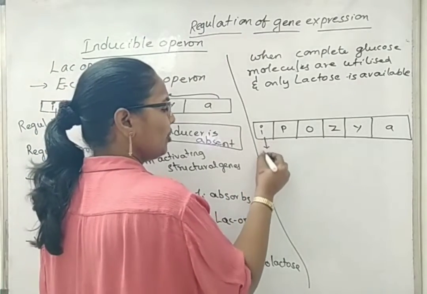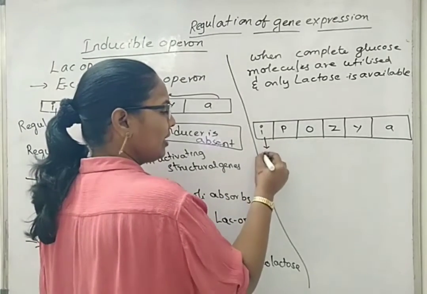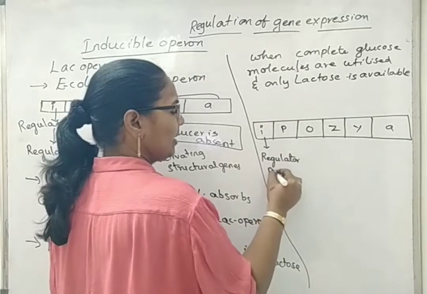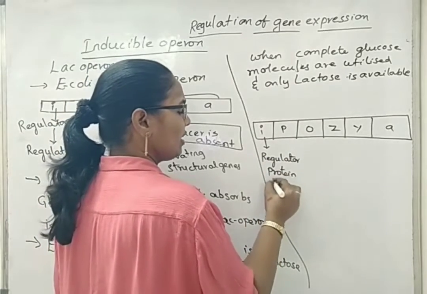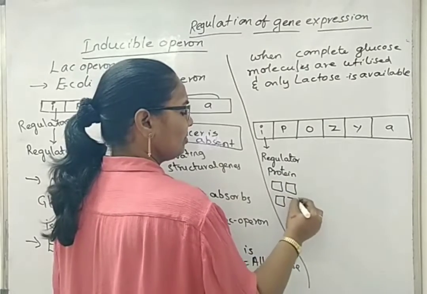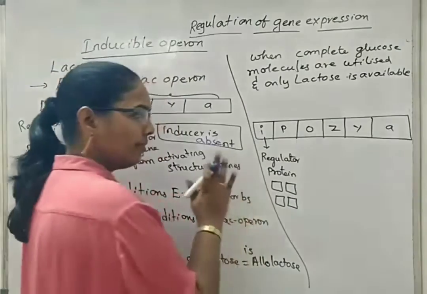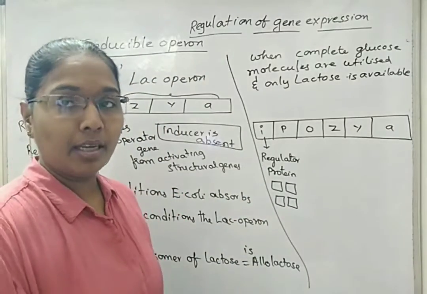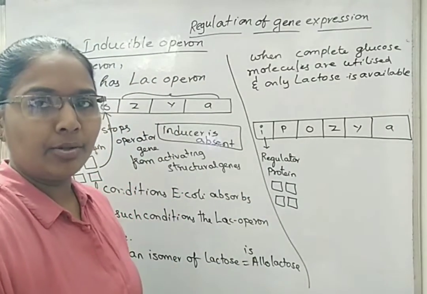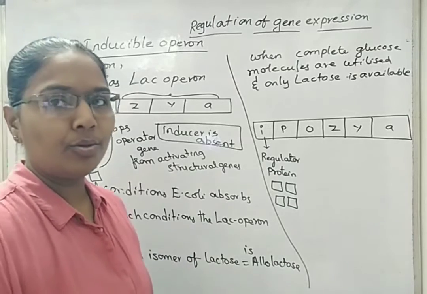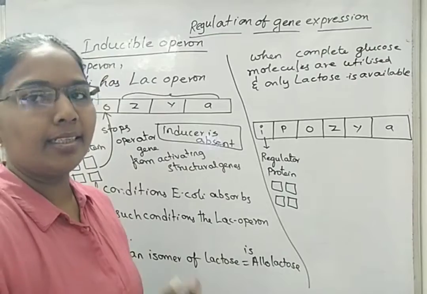The regulator gene will produce the regulator protein. As we have discussed, it is a tetramer form of structure. Now, when glucose is not available, the allolactose inside the E. coli body will start doing its action, because there is no glucose now inside the E. coli body.